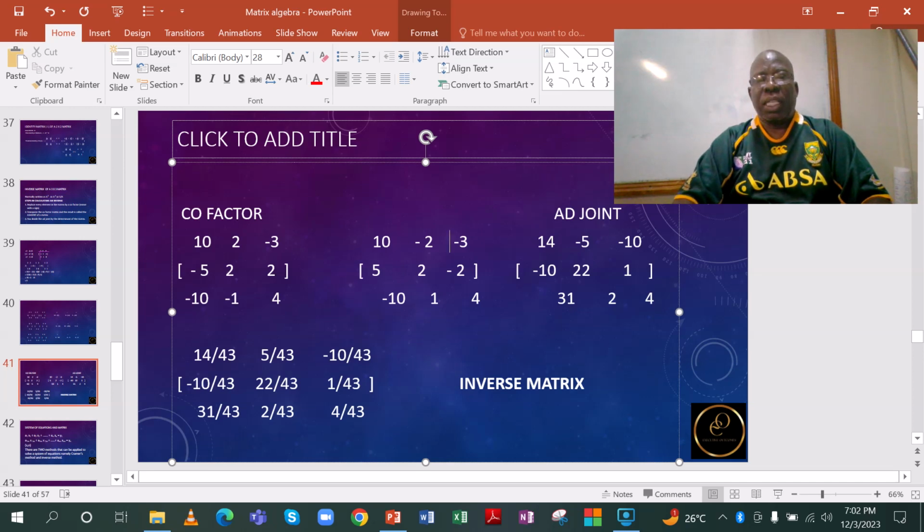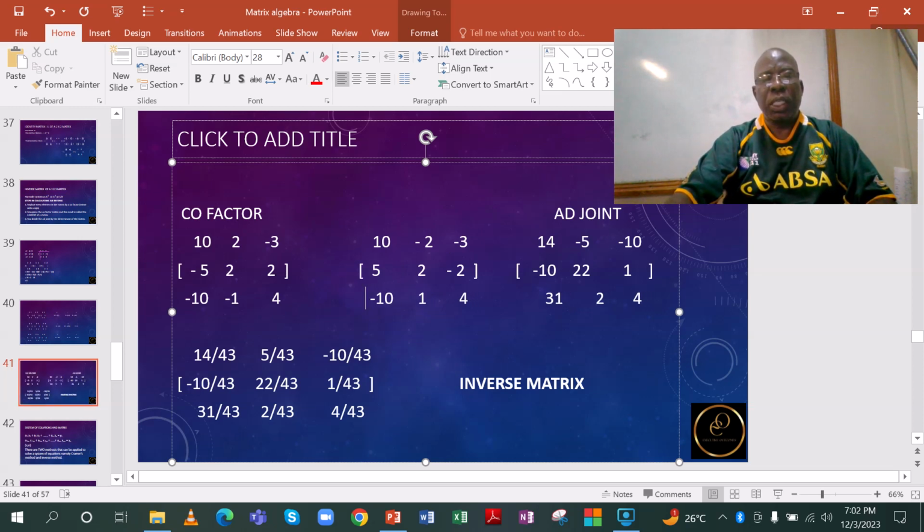Okay. Then we have the last row. Here it is in row 3, column 1. It's positive times negative is negative. Then this one is in row 3, column 2, negative times negative, positive.